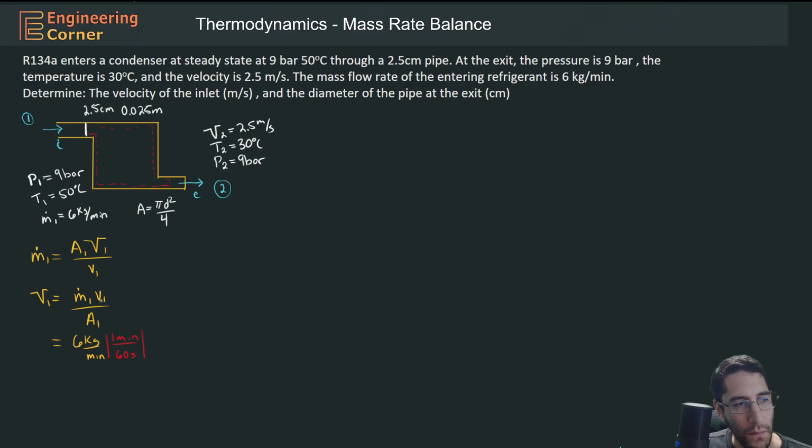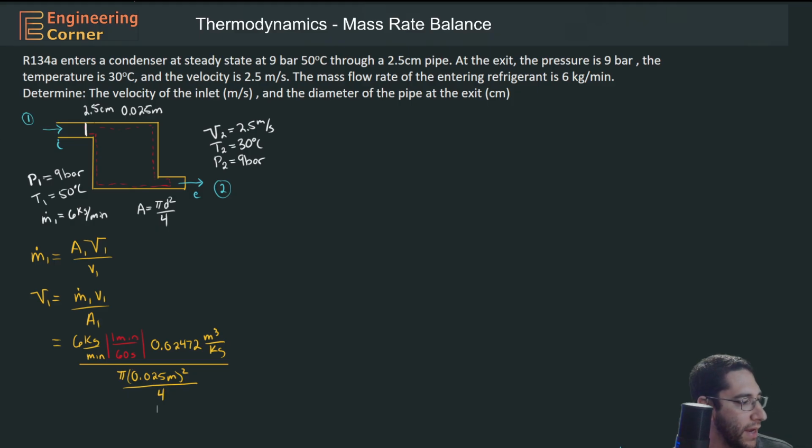Okay, v1 is going to be what we just found, so 0.02472 meters cubed per kilogram. And I want to divide by A1. A1 is going to be pi d squared, so 0.025 meters squared over 4.